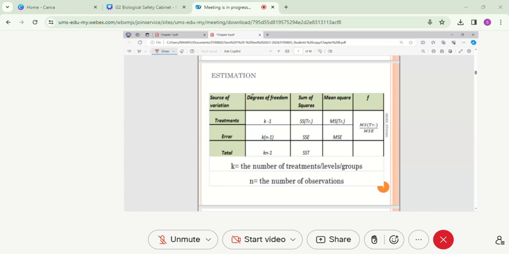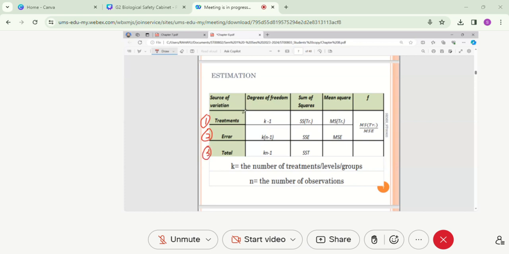Okay, this is the standard format for the one-way ANOVA. We have treatments, we have errors, and we have total. So these are the three sources of variation: from the treatments, from the error, and the summation of both gives you the total.